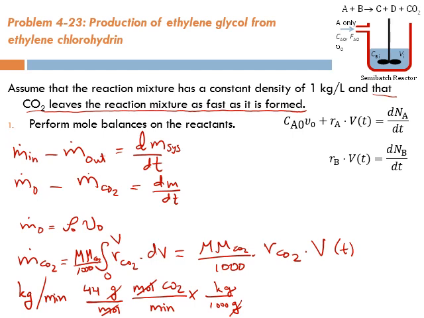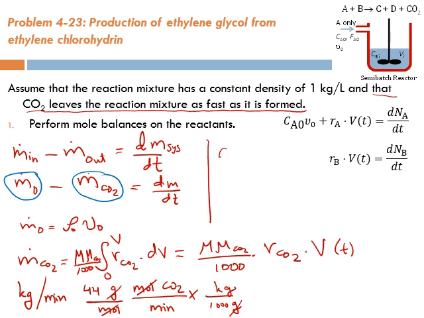Okay, so we have an equation now for m dot CO2. So we have an equation for this guy, and then let's look at dm by dt. Let me write it down as well.